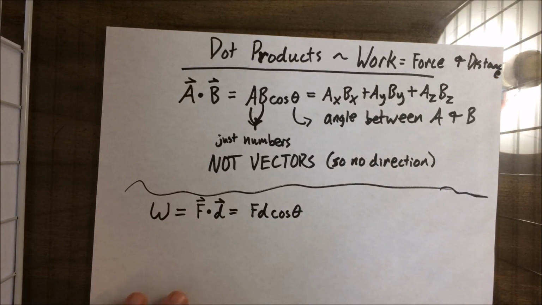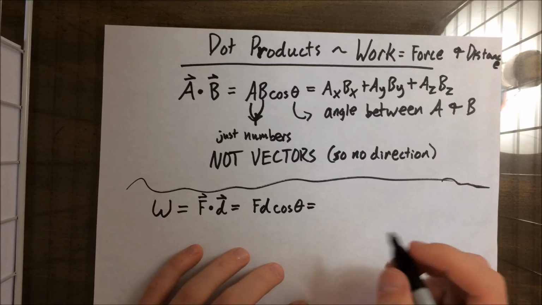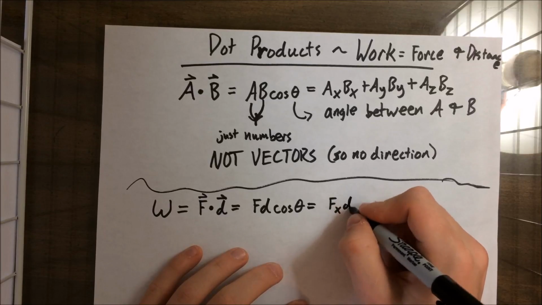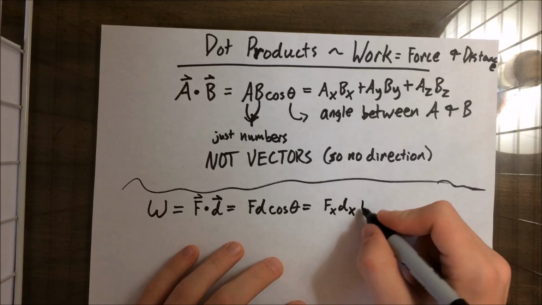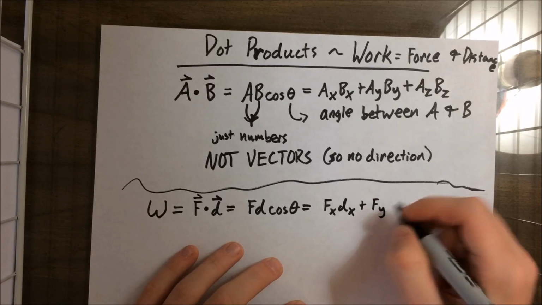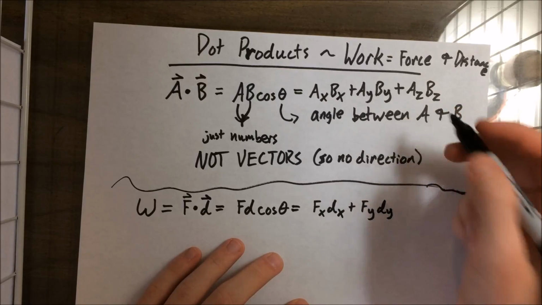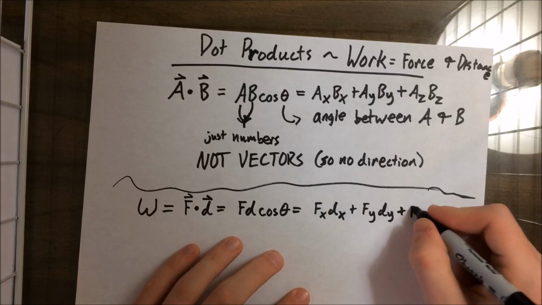So to write this in terms of component directions, you'd have F sub x, D sub x, and then plus F sub y, D sub y.